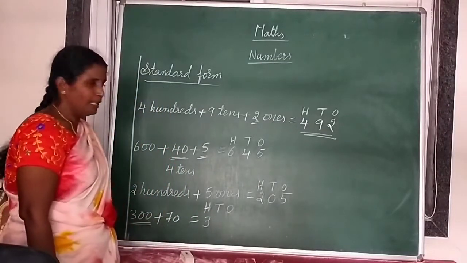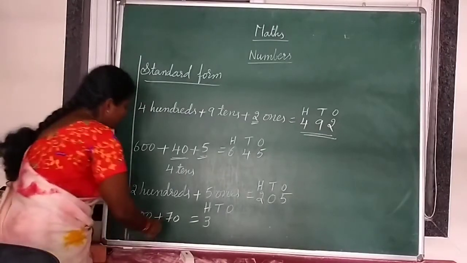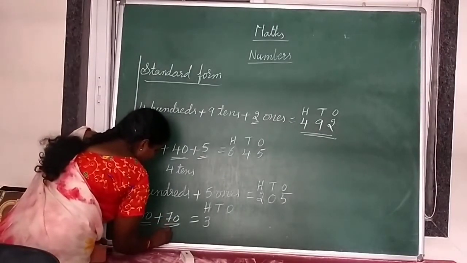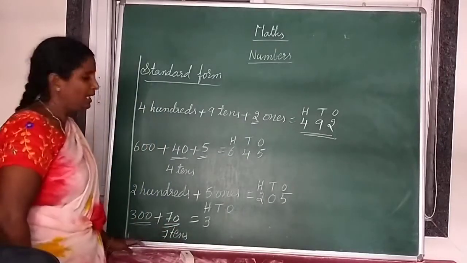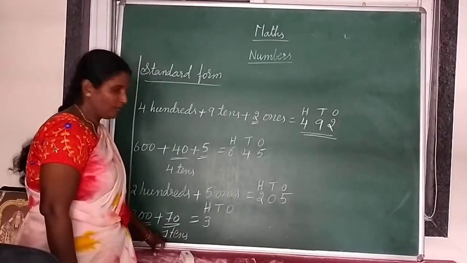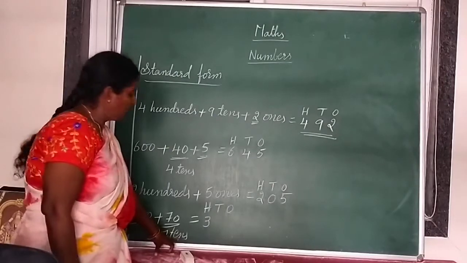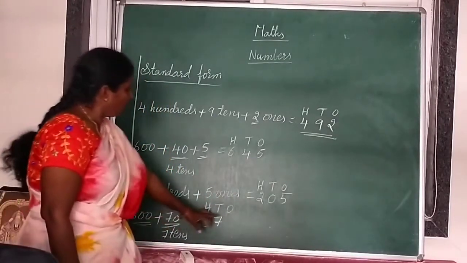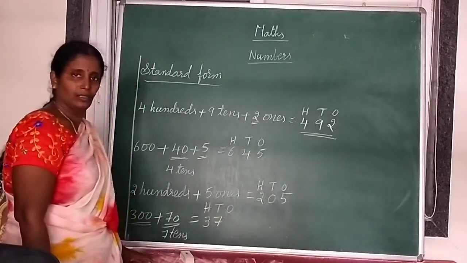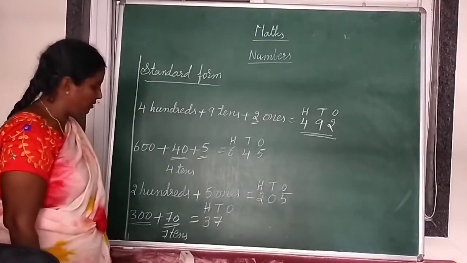How many tens are there? 70 is nothing but, what is 70? How many tens in 70? How many ones are there?